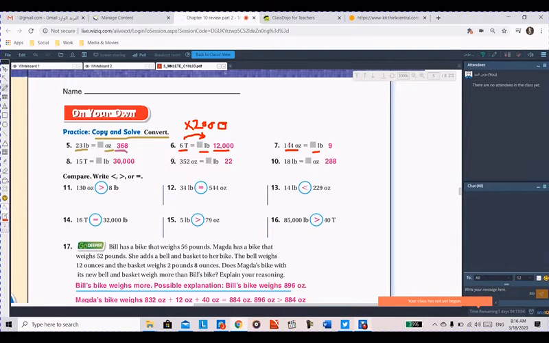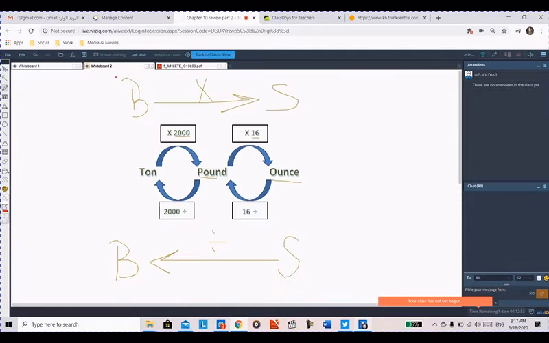If you want to convert from ounces to pounds, from small to big, you have to divide by 16. Okay, let's divide it by 16.